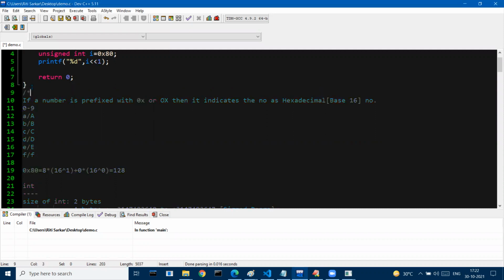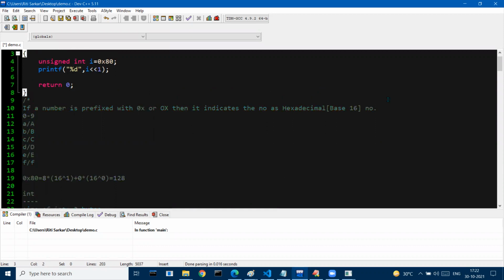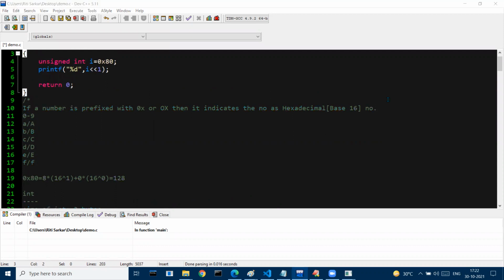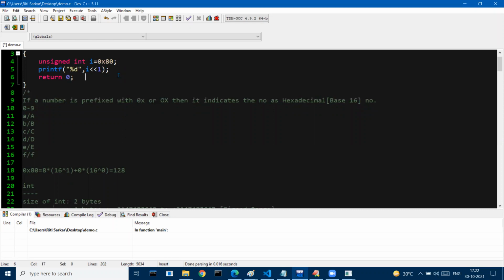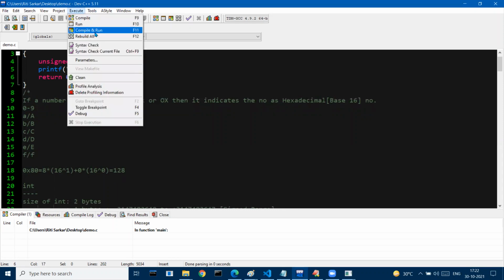Tell me, guys, what is the answer? Yes, Chetan, very good. Sir, it is 256. Immediately we can say that it is 256. Yes, perfect. Now let us verify. Execute, compile and run.